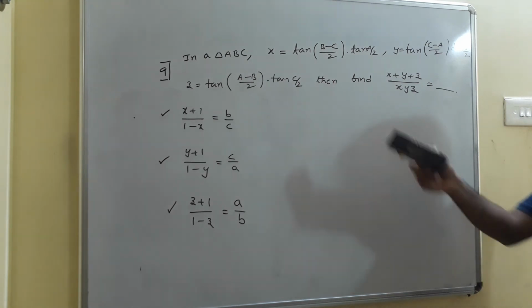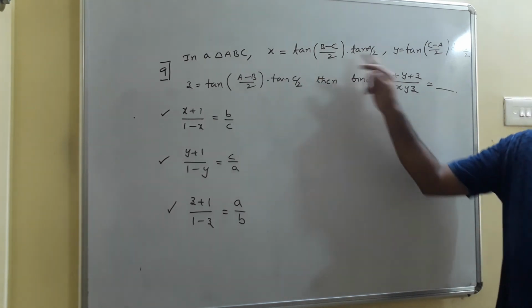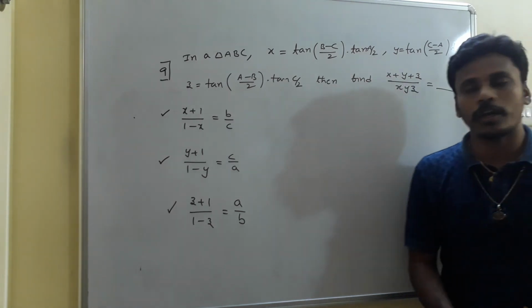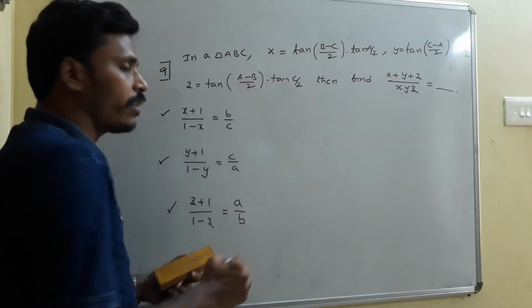At the end, just observe these three. These three are separate results from simplifying x, y and z. This is b by c, this is c by a, and this is a by b.